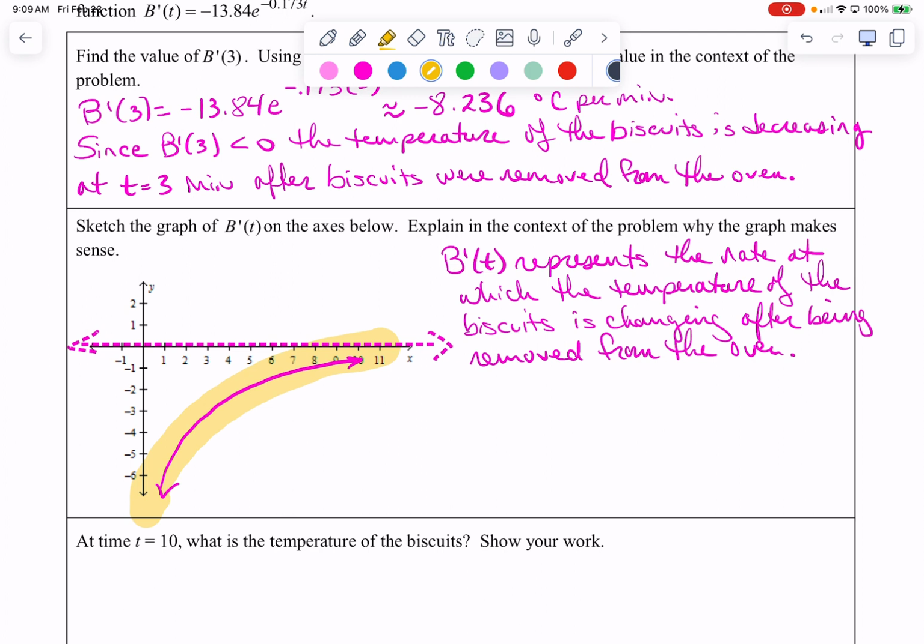And so that's going to indicate that the temperature of the biscuits is always decreasing, but it's doing so at a rate that's decreasing. Slopes are high here, and then they keep decreasing here. So the fact that the graph is negative says that the temperatures are always decreasing, but at a rate that's decreasing.